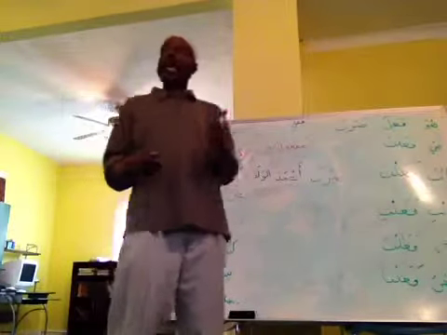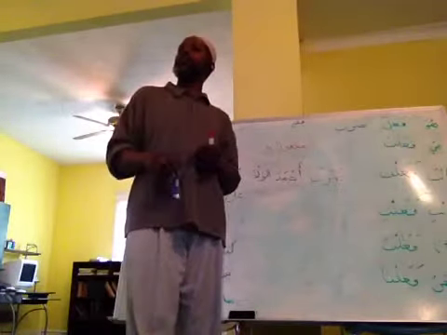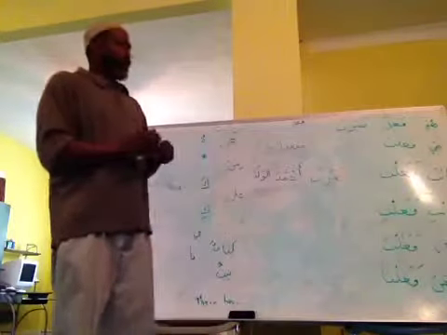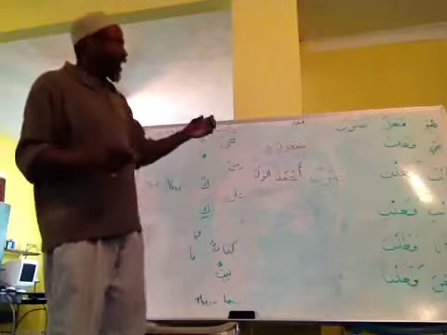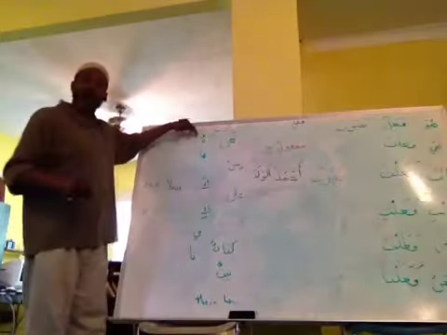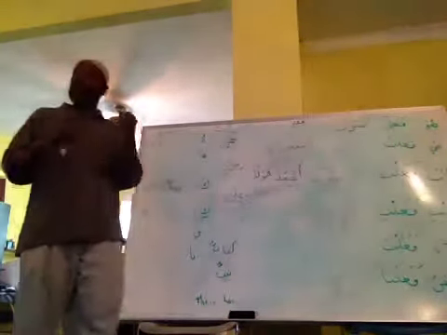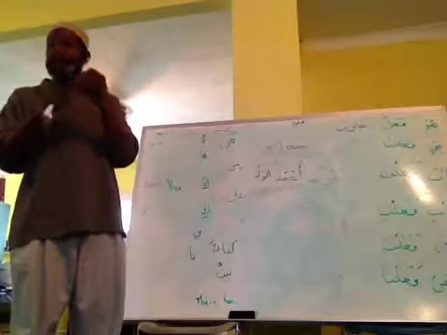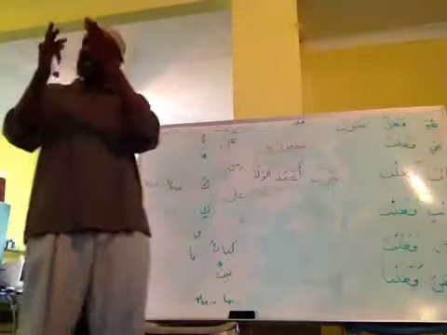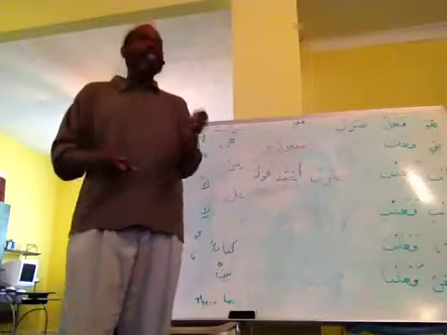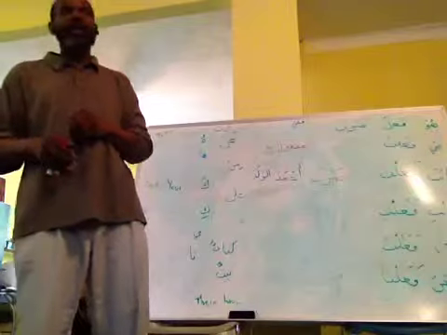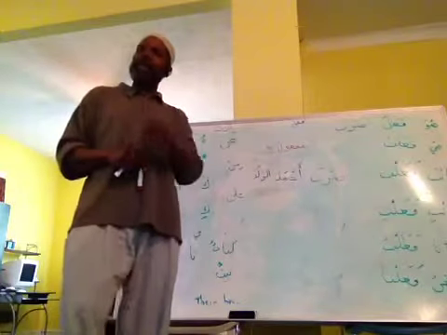But we want to say Ahmed hit him. How do you think we say Ahmed hit him? We said that the attached pronouns are attached to all three word types: nouns, verbs, and particles. Right now we're talking about how to attach them to a verb. So we need to attach the pronoun to a verb.